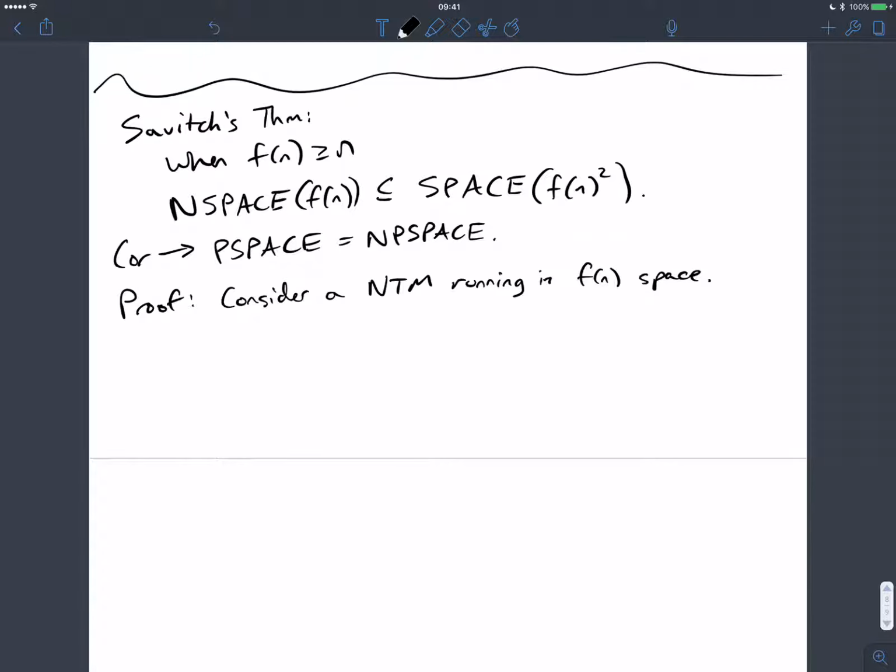Because our idea is to convert that non-deterministic machine into a deterministic machine that only uses the square of what the original did in terms of space.